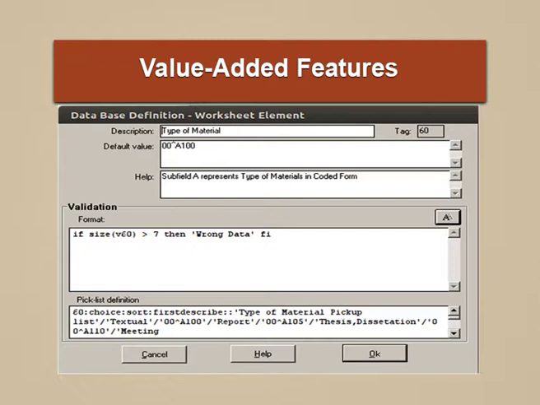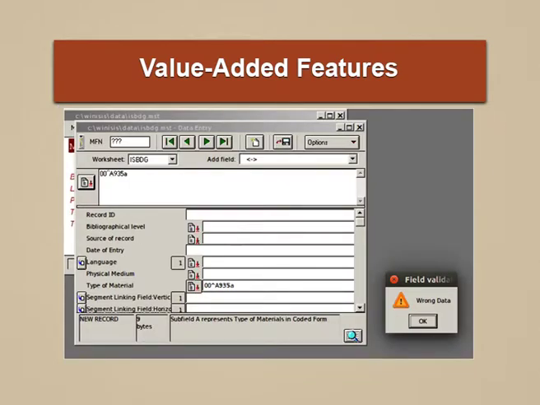Now, let us see the effect of the help message, the mandatory values and the record validation. Now, here you see the moment I select this type of material, tag 60, and enter a value which is more than 7 characters, including the indicator character positions, subfield delimiter and subfield itself.